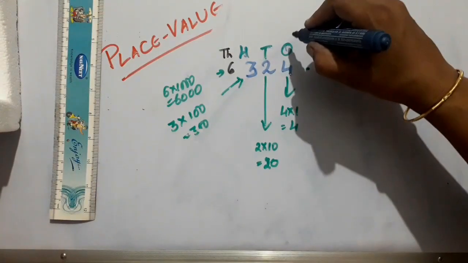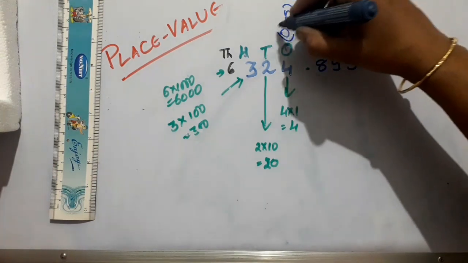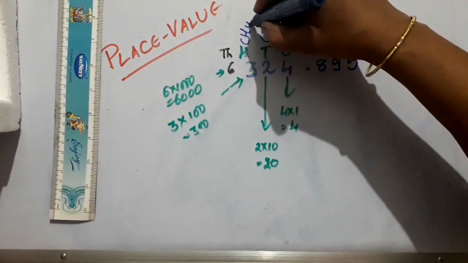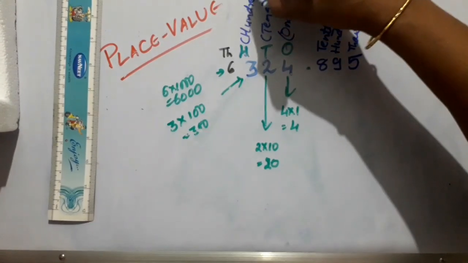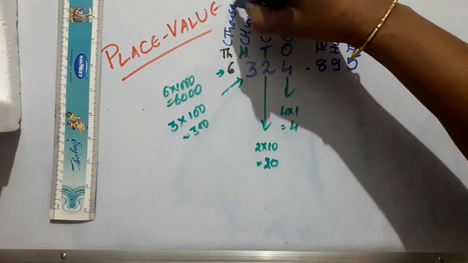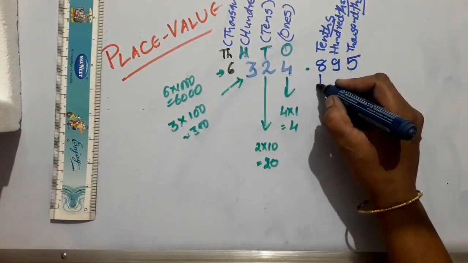Here this was your ones, this is your tens, this is your hundreds, and this is your thousands. Is it okay?